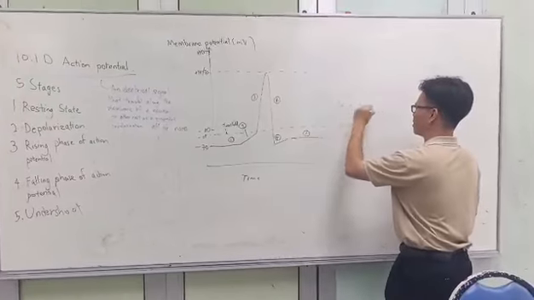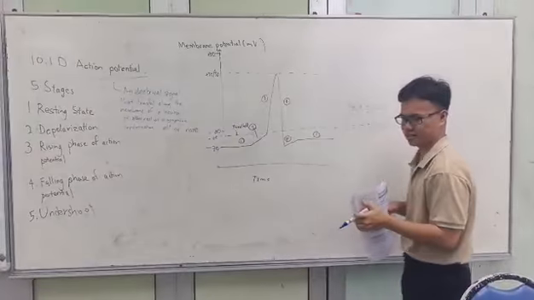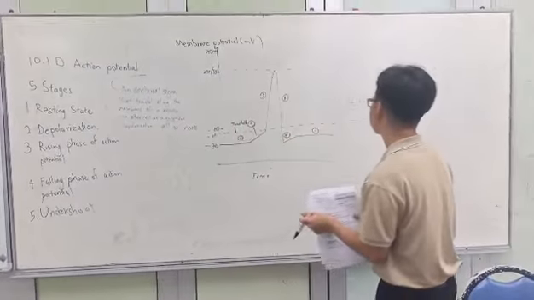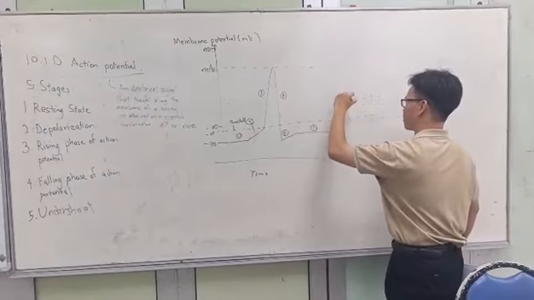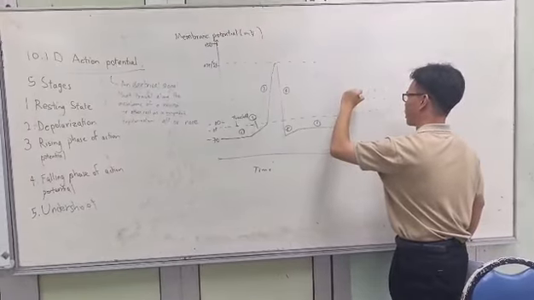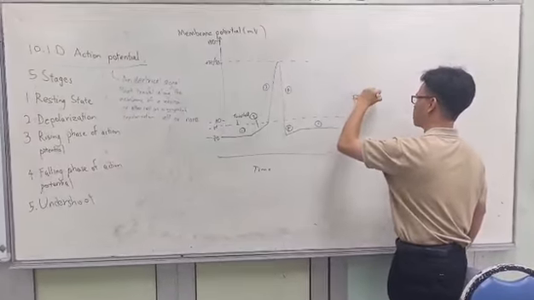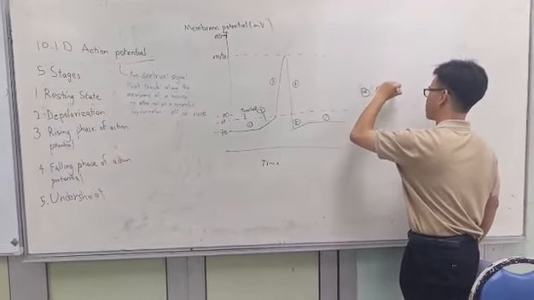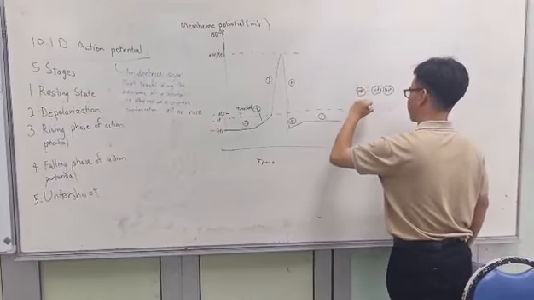So for example, in this axon we have Na+ channel and K+ channel.